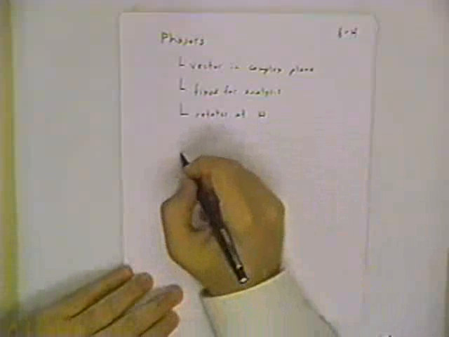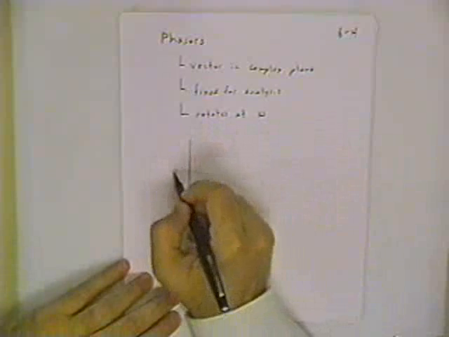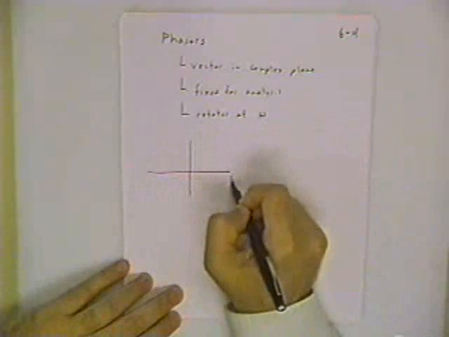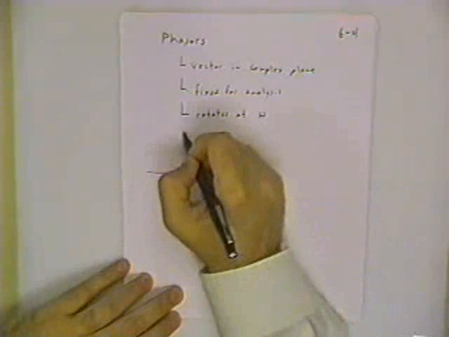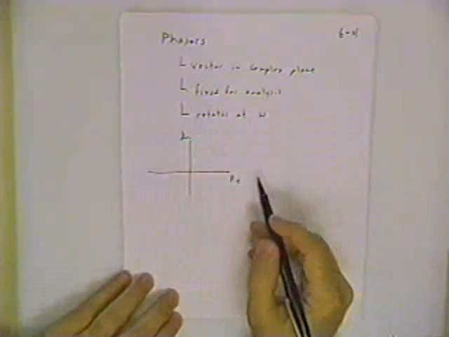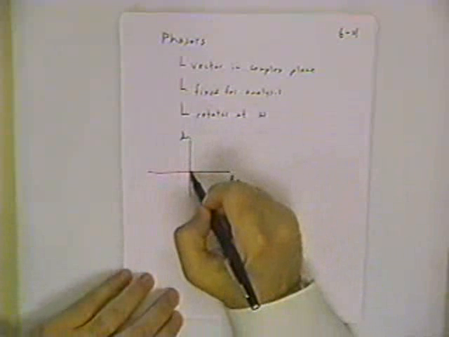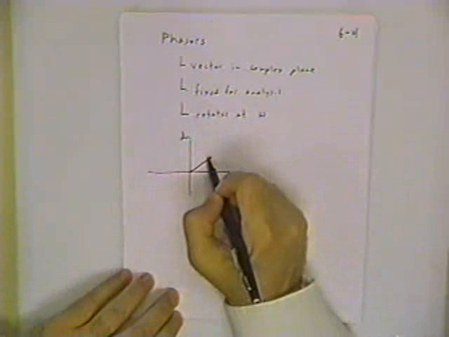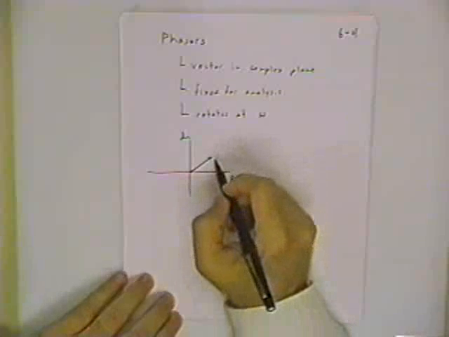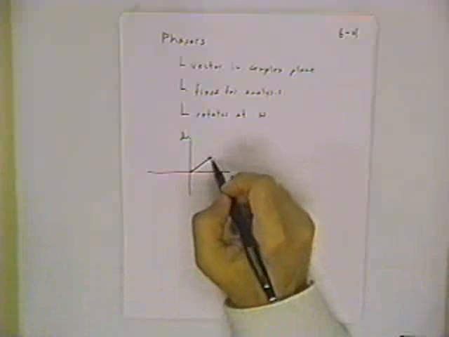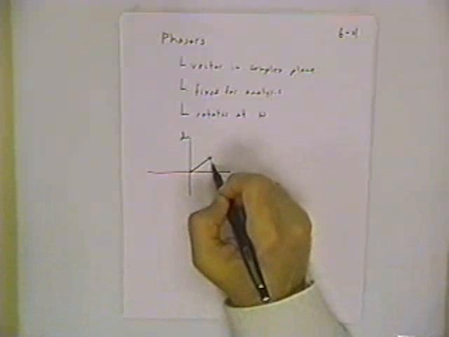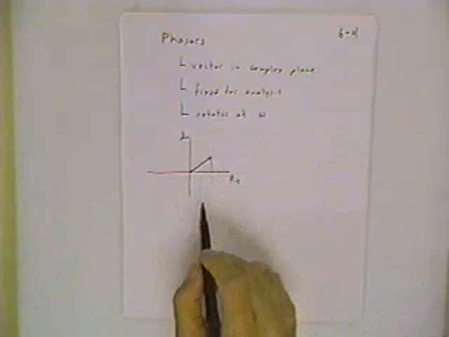Now, what does all that mean? If I have the complex plane, where the real part is the horizontal axis and the imaginary part is the vertical axis, and I just draw a vector in that complex plane, the only thing I'm allowed to do for a real measurement is to look at the projection of that vector onto the real axis.